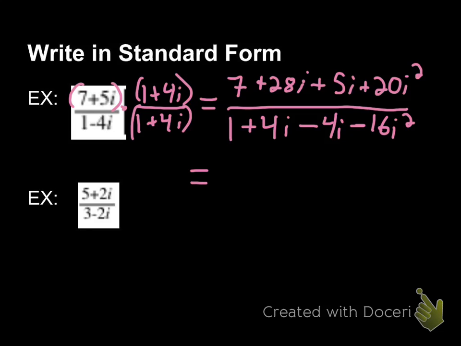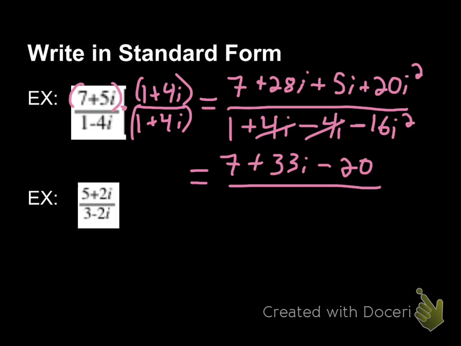Now, let's simplify. On top, what is 28i plus 5i? 33i. Plus, now actually, 20i squared is minus 20, right? Yeah. And on the bottom, the 4i's go away.